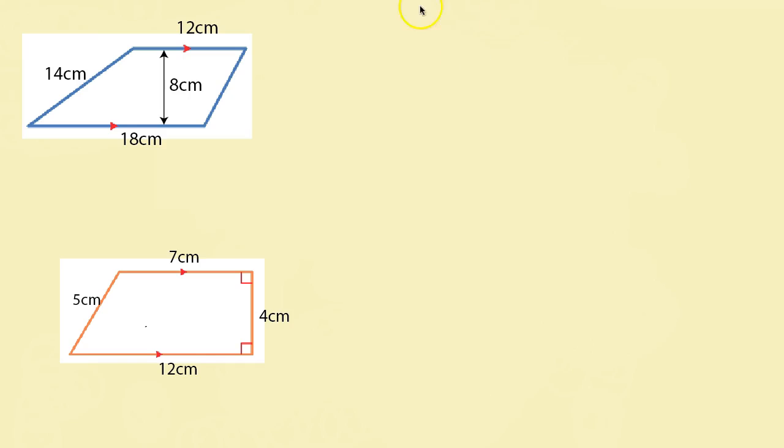Okay, so firstly, let's remind ourselves of the formula. For the area of a trapezium, it's A equals half height times the sum of the parallel sides, the two parallel sides added together. So here we need to identify which one is which.